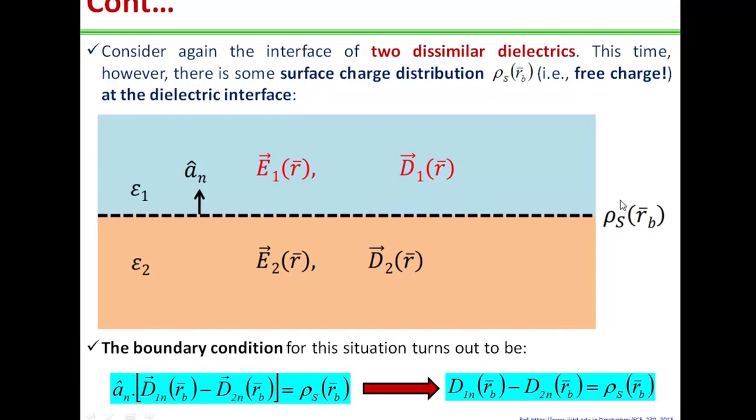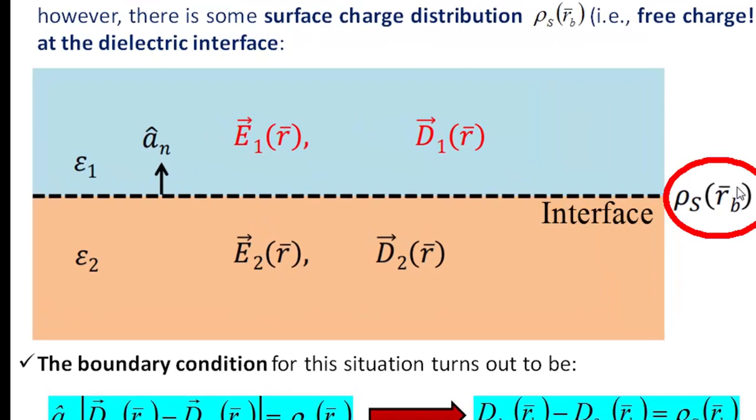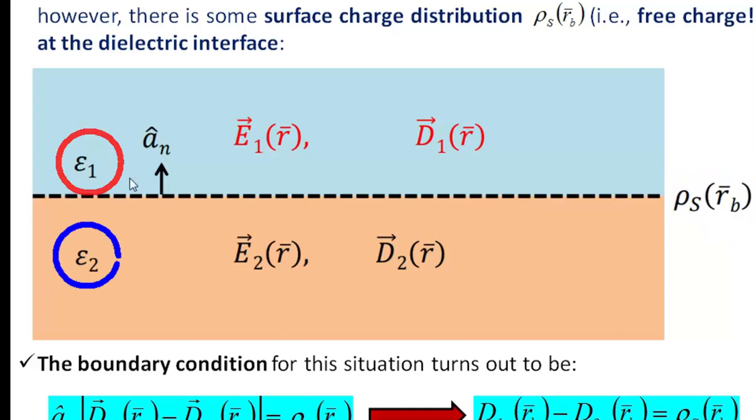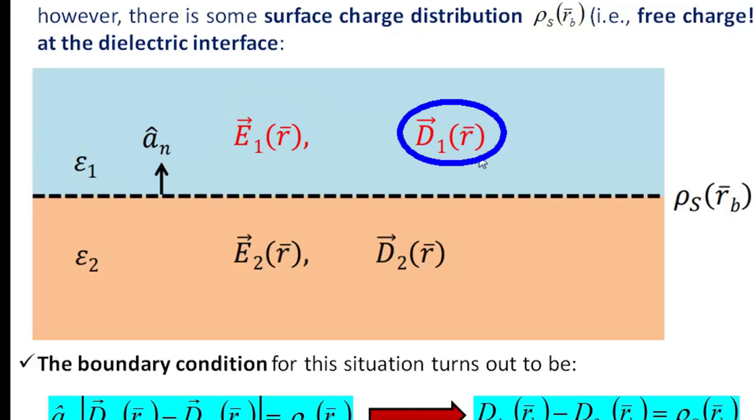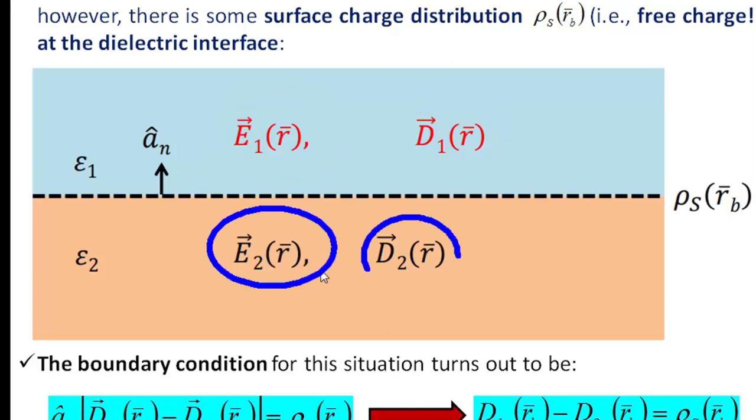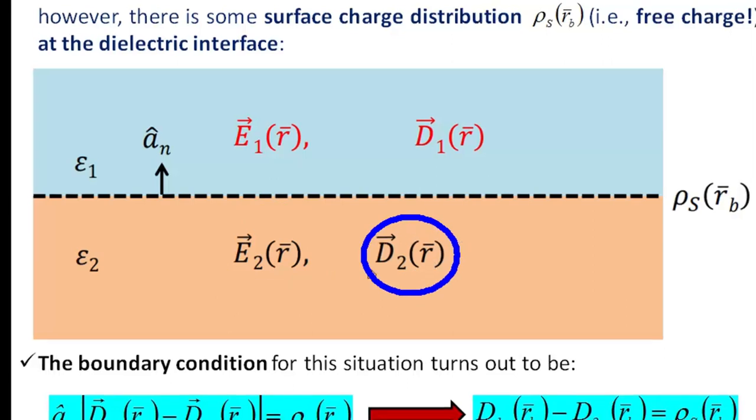Here you can see in the figure that rho s(r) is the surface charge density distributed at the interface, and the two media have dielectric constants epsilon 1 and epsilon 2. In medium 1 the electric field is E1 and the electric flux density is D1, and in medium 2 we have considered the electric field as E2 and the electric flux density D2.